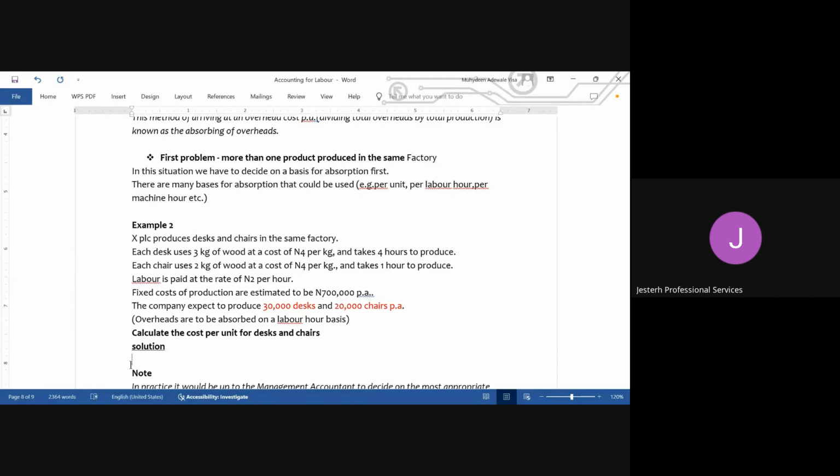That is the first thing we need to calculate. We need to determine the total labor hour in producing both the desk as well as the chair.